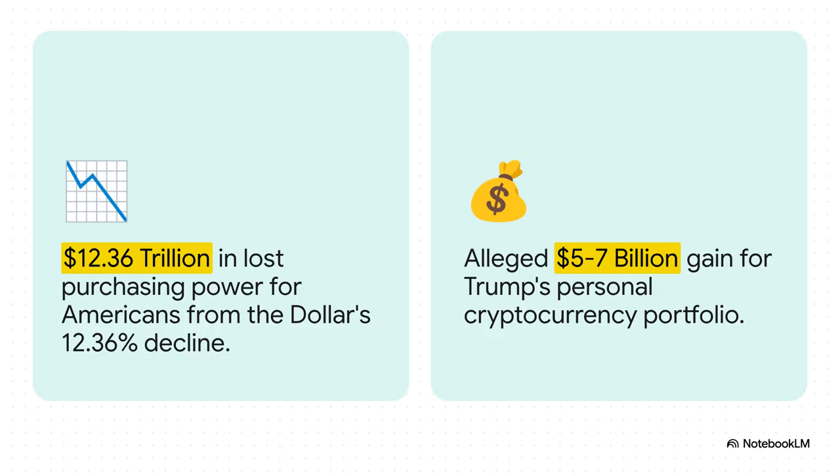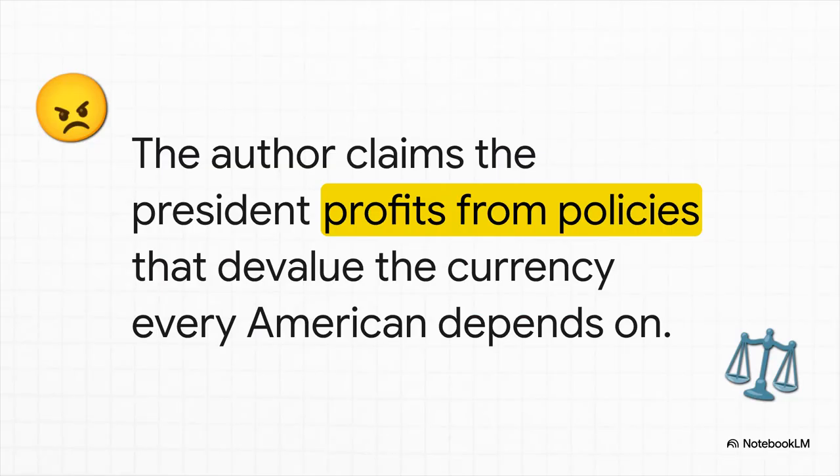On the other side, he alleges President Trump's personal crypto portfolio has gained $5 to $7 billion, supposedly from the very policies that weakened that same dollar. So this is it. This is his ultimate accusation, that the president is personally profiting from policies that devalue the very currency that every single American depends on for their daily lives.